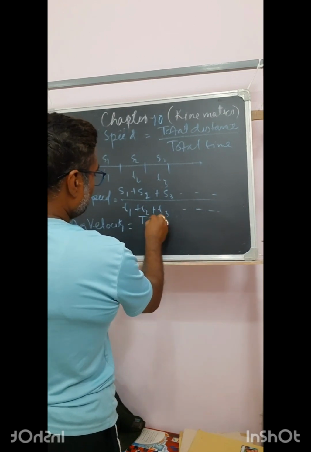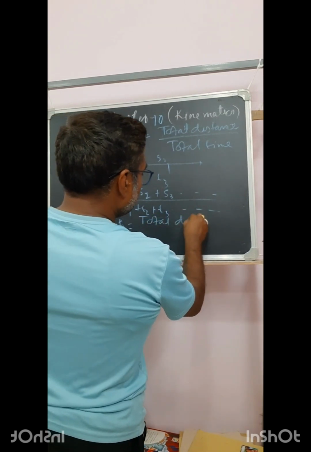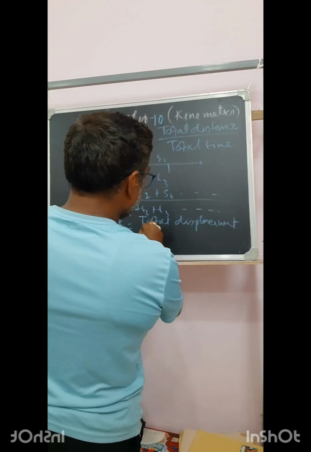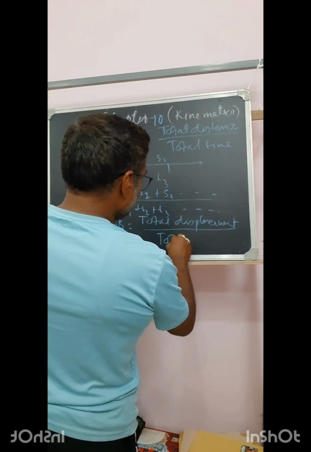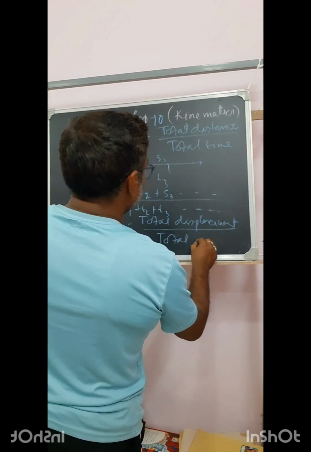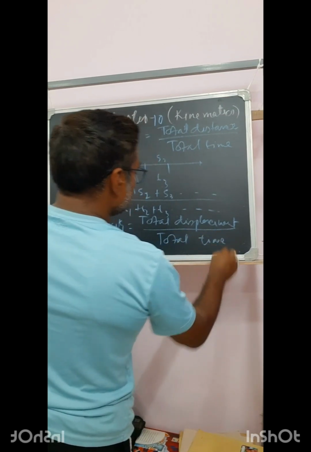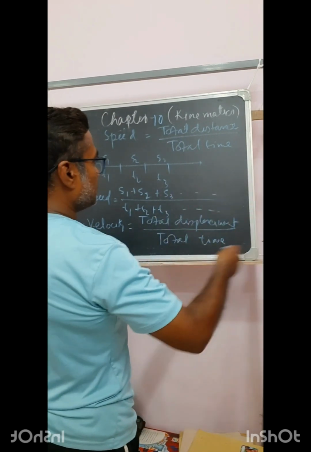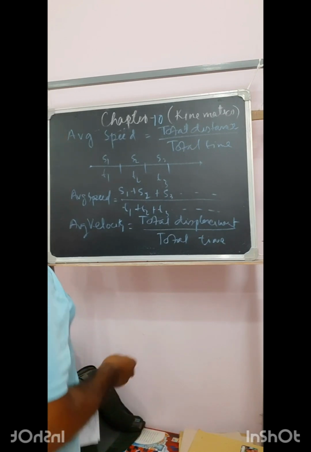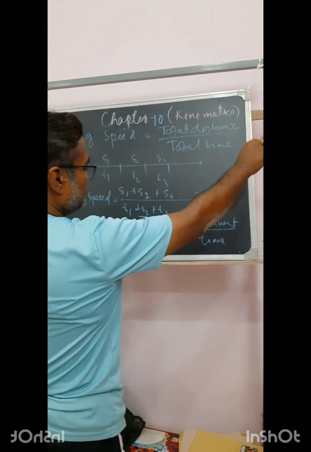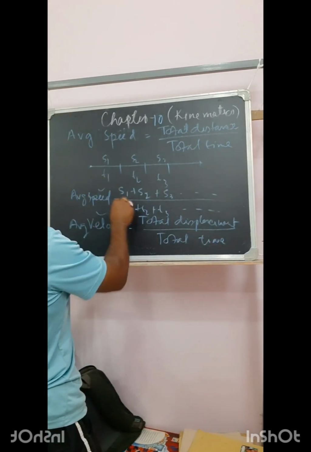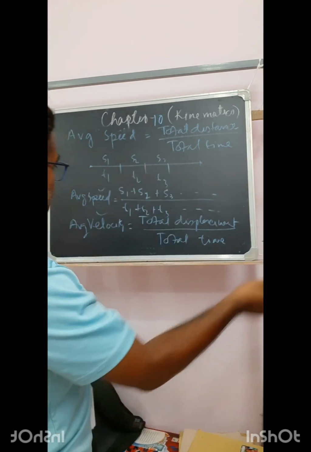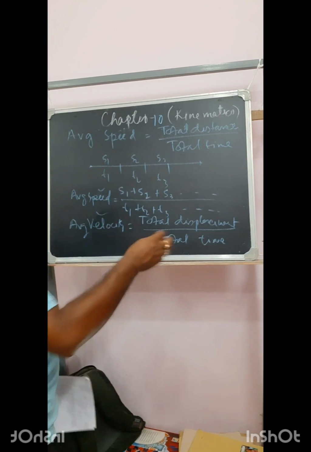So the formula will be total displacement by total time. The things seem the same unless the motion is changing its direction. That means if it is moving in the same direction in a linear path, then speed and velocity, whether average or instantaneous, will be the same.